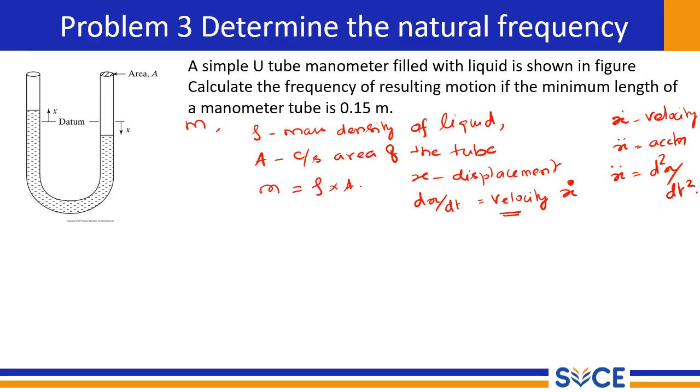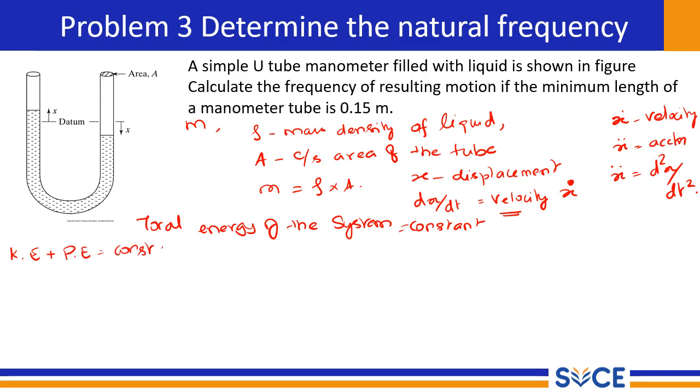We are going to solve this using the energy method. In the energy method, the total energy of the system is constant. That means kinetic energy plus potential energy equals a constant. What is the kinetic energy of this moving liquid?